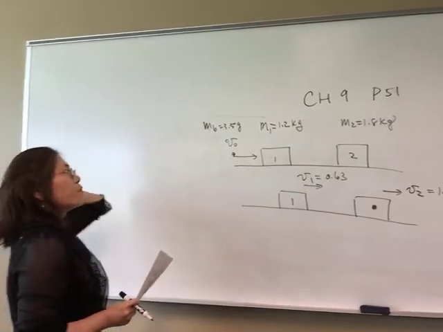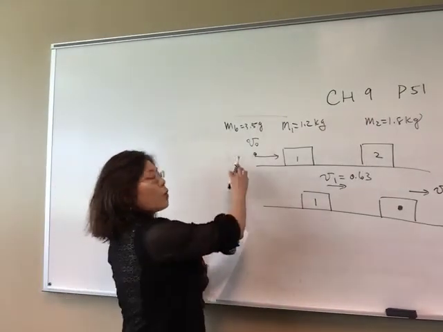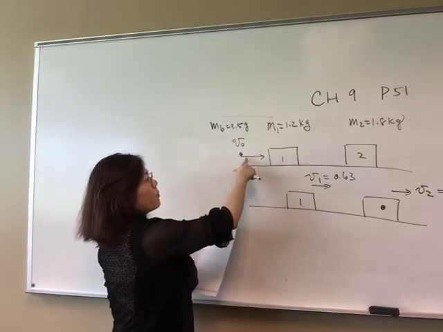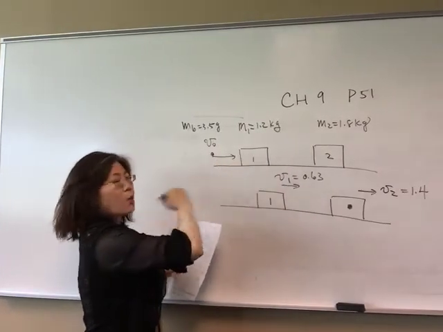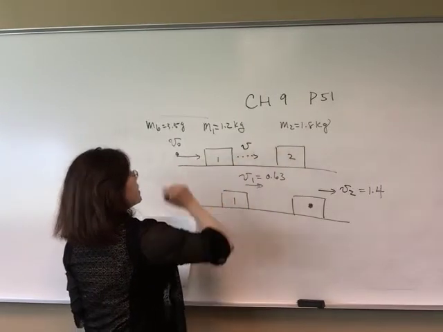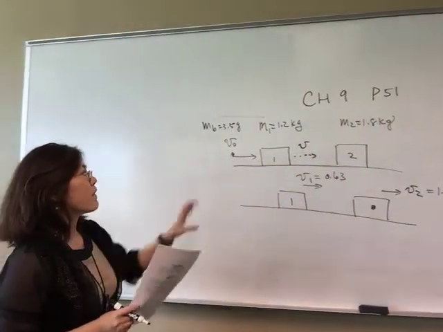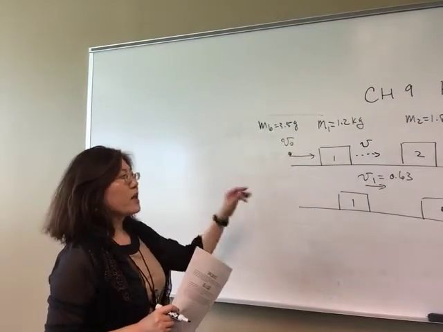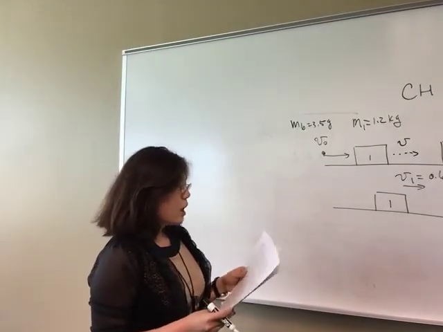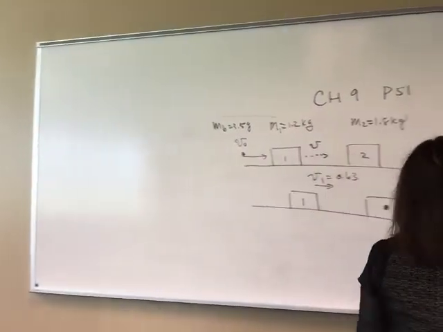So we are asked to find the velocity of the bullet before it enters block 1 and after it leaves block 1. We call those v naught and v. So your task is to find the initial velocity and the final velocity when it leaves block 1. Okay, so how do we approach this problem?